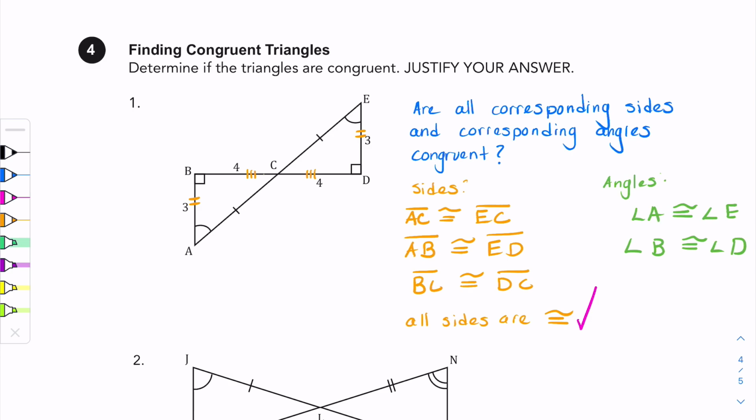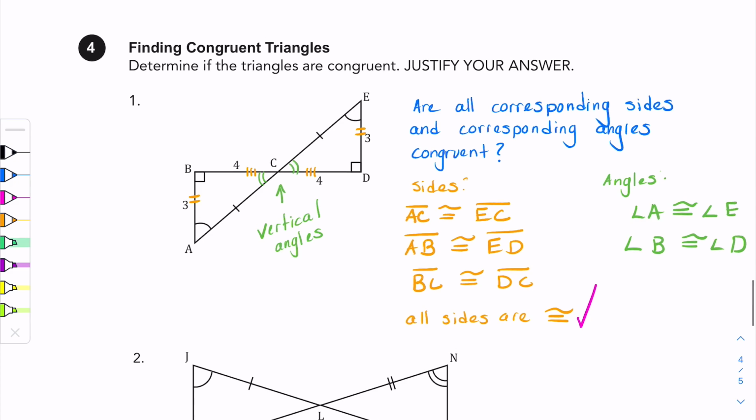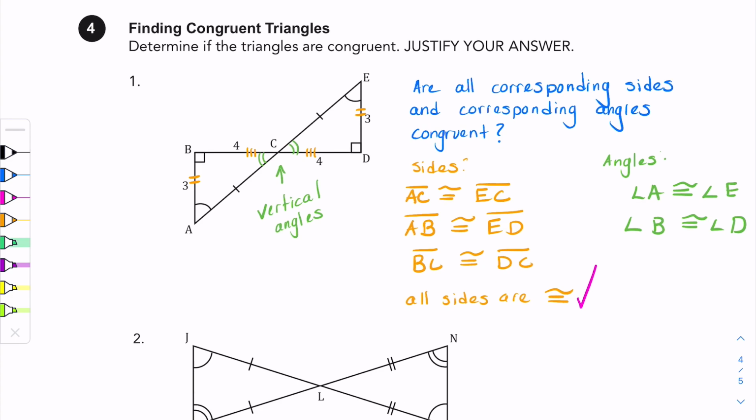And then right here, be very, very careful with these. You do have vertical angles. While these are vertical angles and they are congruent, I just marked them, you cannot label them as angle C. So this angle I am going to label as BCA.